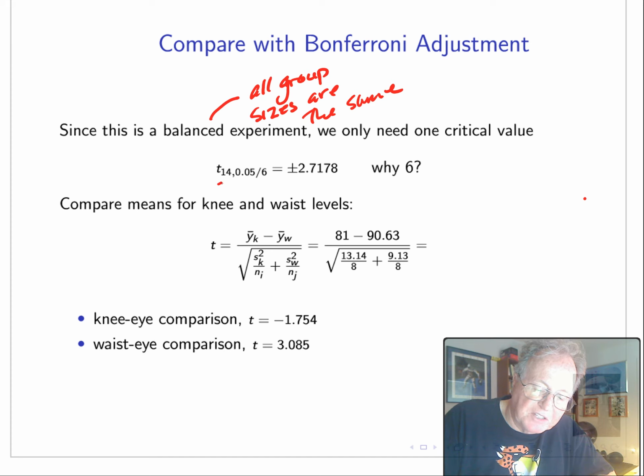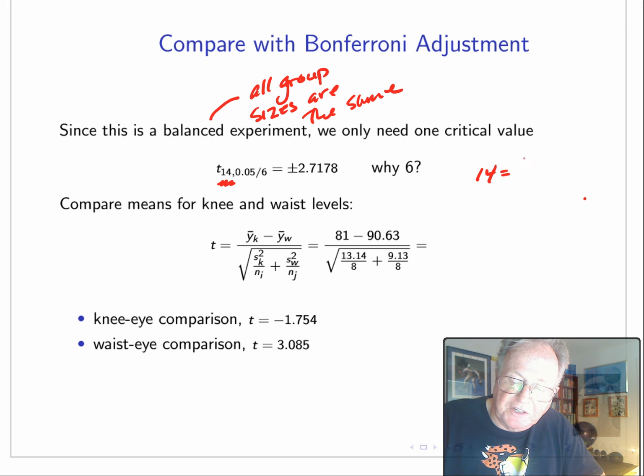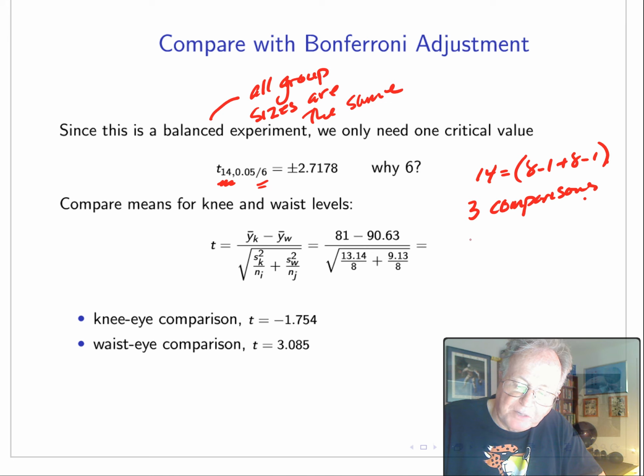And this means that all of our 2-way comparisons will have 14 degrees of freedom, because 14 is 8 minus 1 plus 8 minus 1. Okay? I'm going to divide it by 6 because we have 3 comparisons, but it's a 2-sided test.